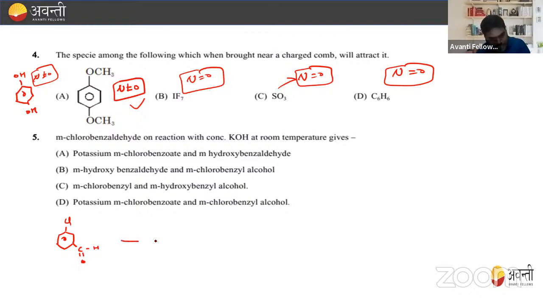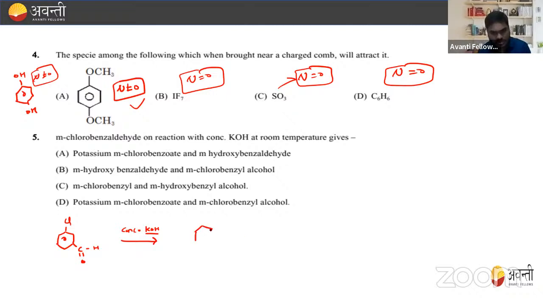Now when we treat this with concentrated KOH, what happens, beta? Basically, the formation of potassium metachlorobenzoate takes place. How?